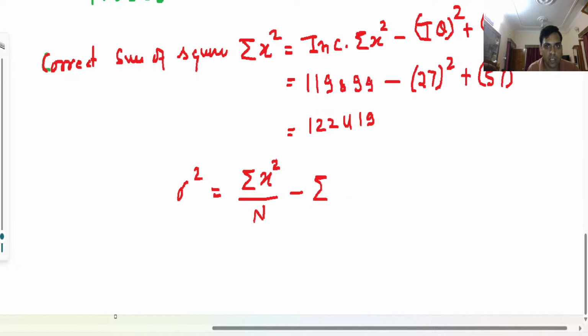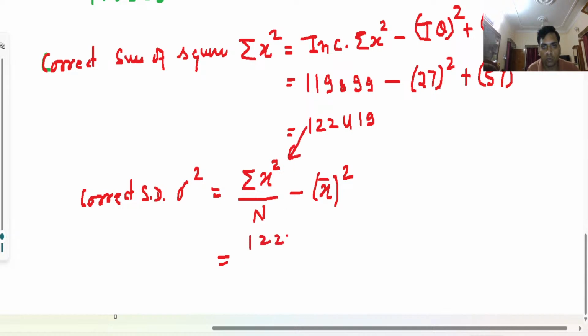Sorry, this is not summation. This is the square of x bar. Now we will put all correct values to find correct standard deviation. This is the formula for correct standard deviation now. So correct sum of square is 122,419, and this quantity divided by 100 observations.